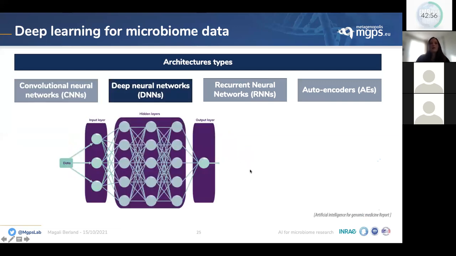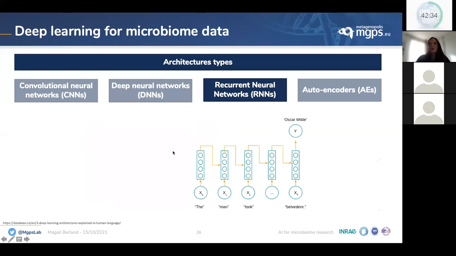Then you have the deep neural networks, which have many hidden layers. But some authors think that it's impossible to use them for microbiome data because there is not enough data, because you really need a lot of data to train accurate DNNs.